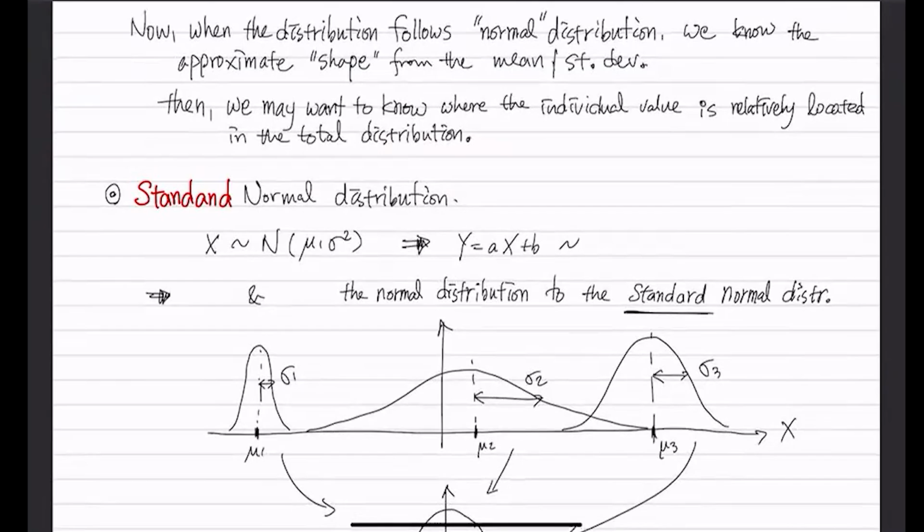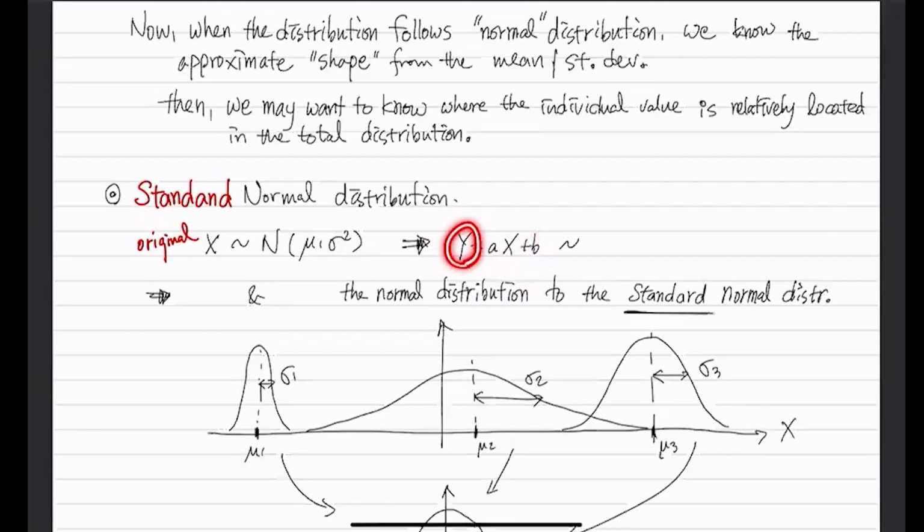Okay, and what this is: your original measurement x follows a normal distribution, which has mu as a mean and sigma as a standard deviation. That can be transformed into a new variable y by multiplying by a and adding b to your original measurement.